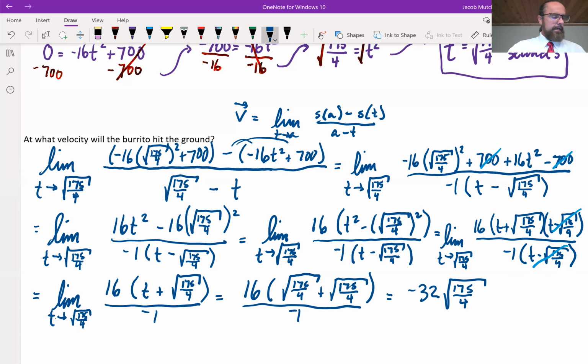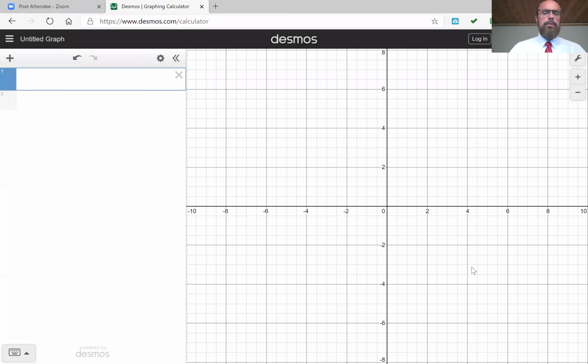And let's get a decimal value for that, since we are interested. How fast is the burrito traveling? That's an exact answer, but let's type that in and get an approximate decimal. So we'll type this into Desmos.